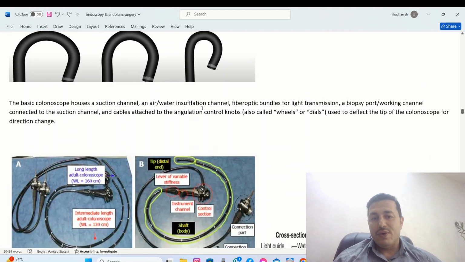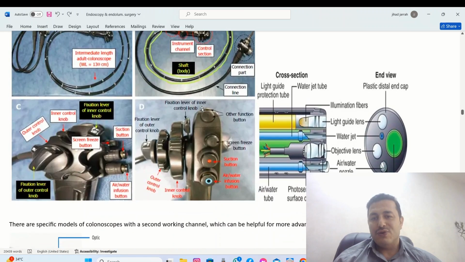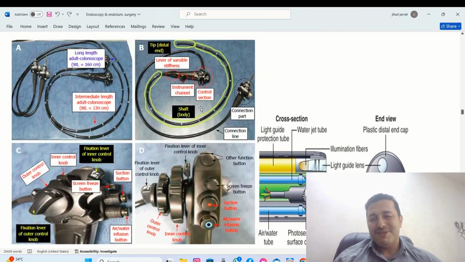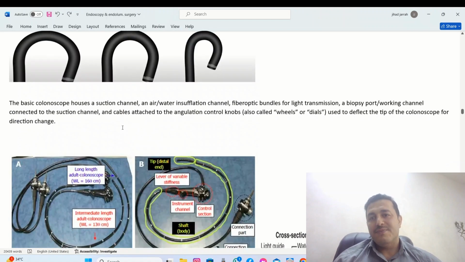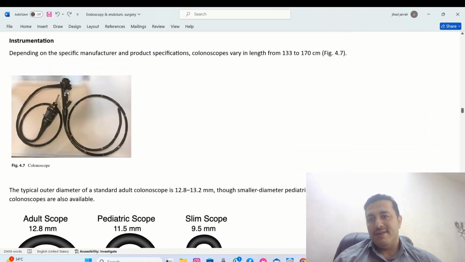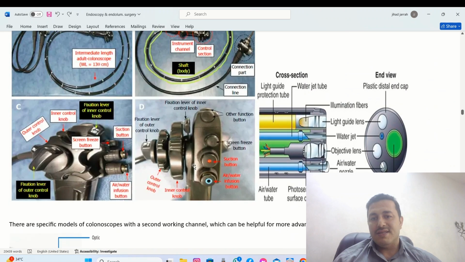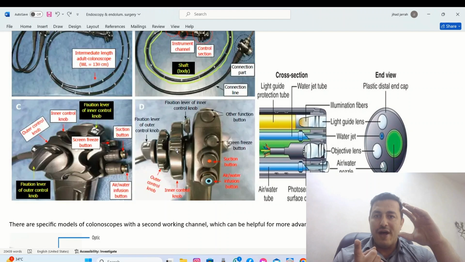If we want to talk about the parts of the colonoscope, I don't know why I love this part of the lecture. You can see that this is the control. If we zoom in here, we will see this part, and you can see here that we have two wheels. We already talked about these wheels and the benefit. They control the deflection of the distal part of the scope, the tip of the scope, up, down, right, left.